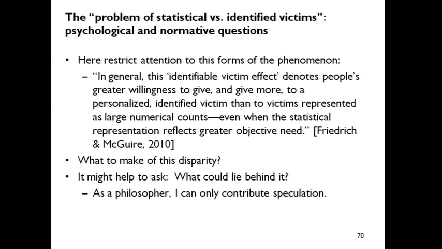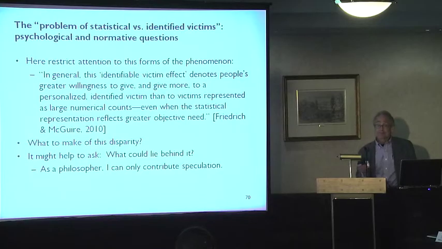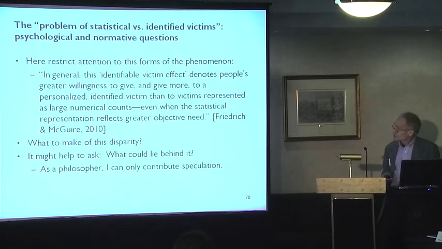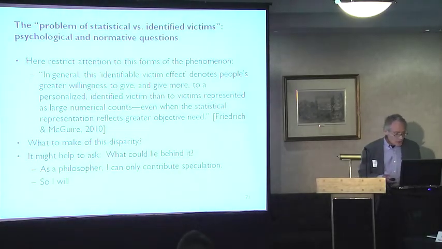What can we make of this disparity, and what might lie behind it? As a philosopher, I can pretty much only contribute speculation to that last question, so I will.